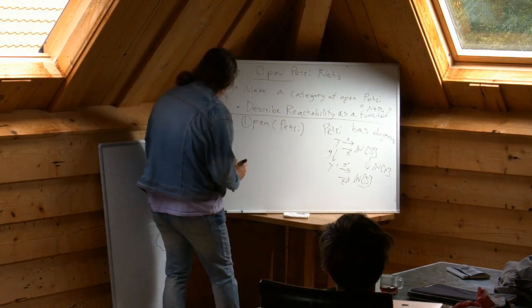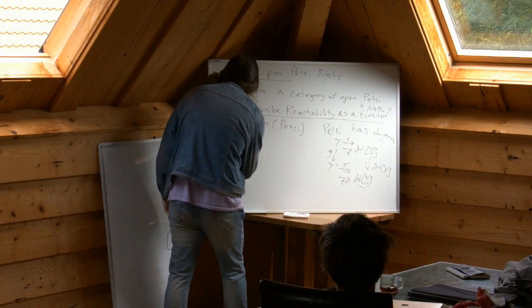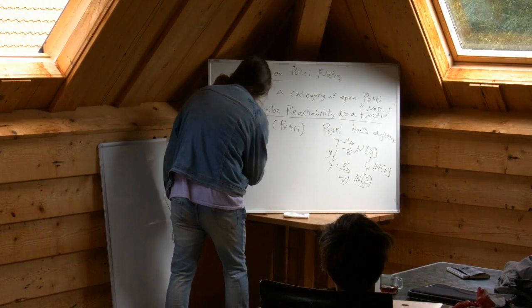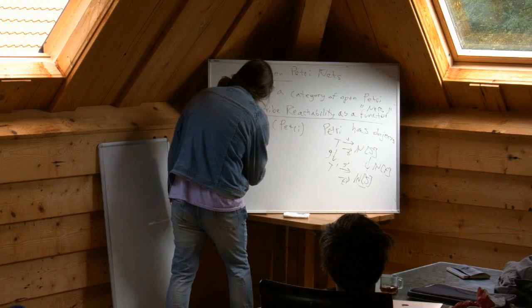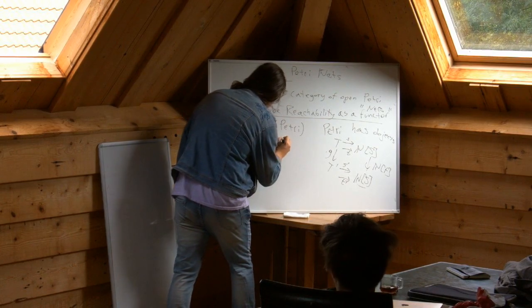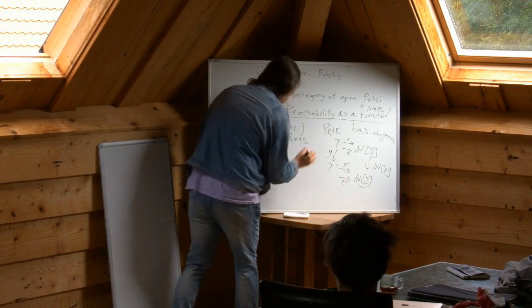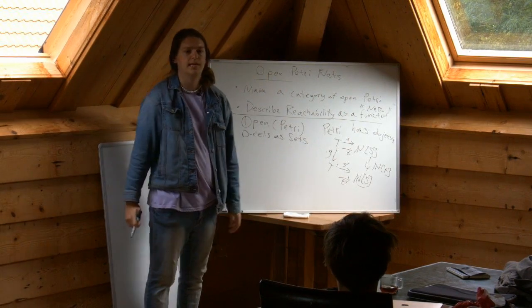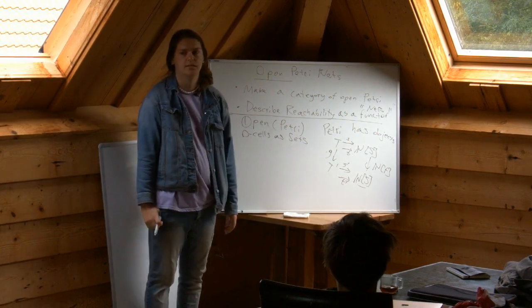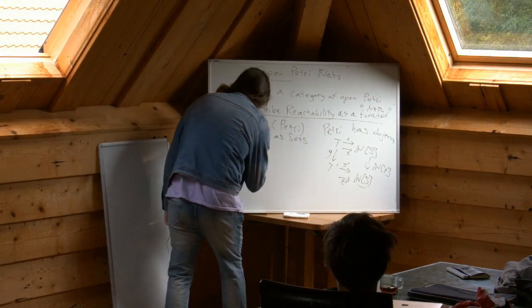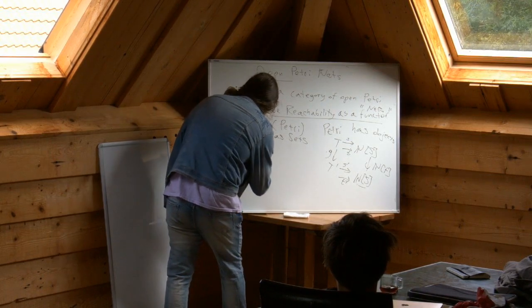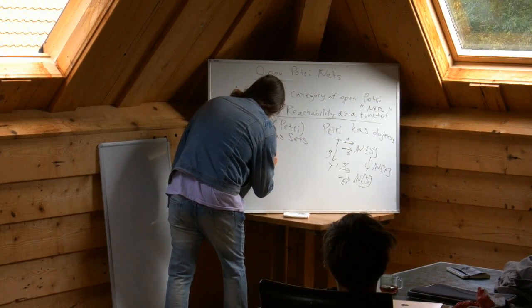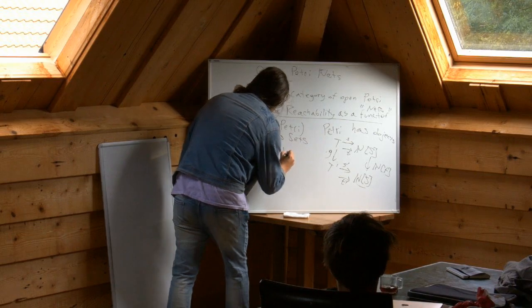Okay, so I'm going to call them 0 cells. 0 cells are sets. Any sets, not necessarily finite. Okay, horizontal 1 cells. These are the open part.